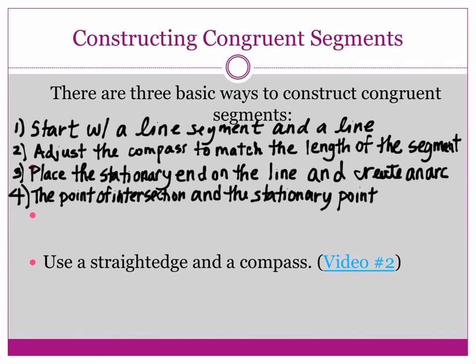Gives me a little more space. Point of intersection and the stationary point form a line segment congruent to the original segment.